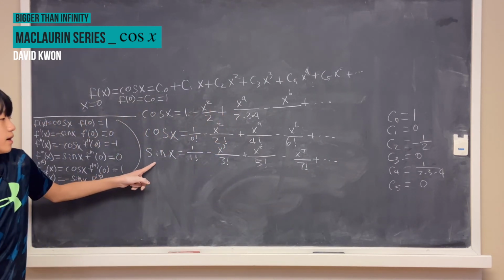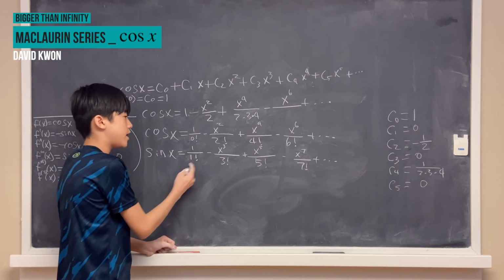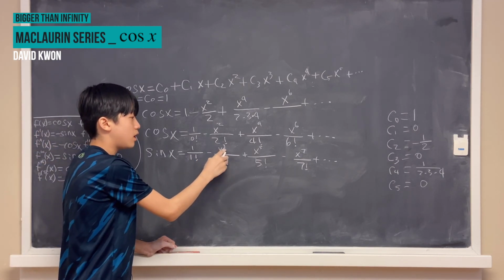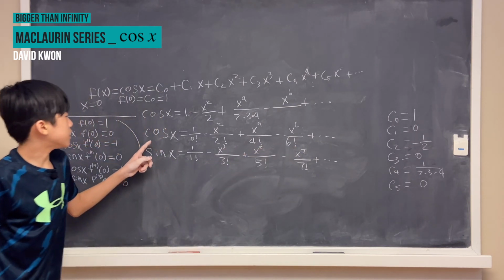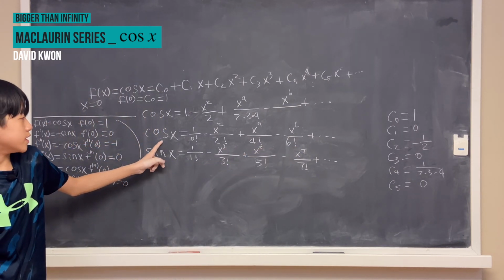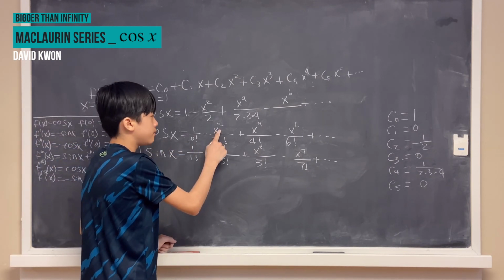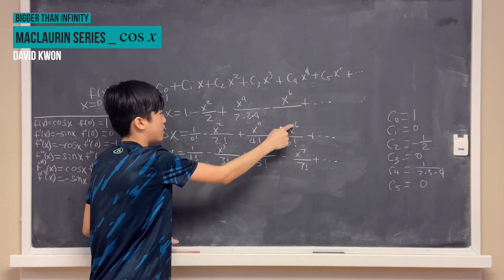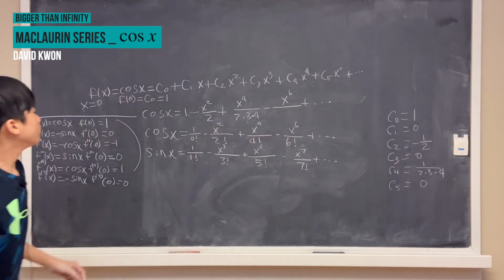Since sin x is an odd function, we have the x's power being odd. You guys can see 3, 5, 7. And also since cosine x is an even function, we have the variable x being powered by even numbers. So see 2, 4, 6.